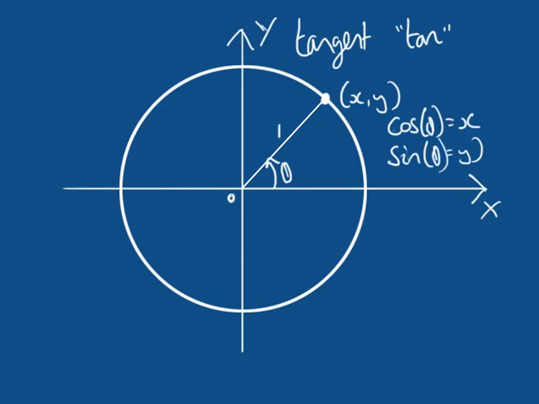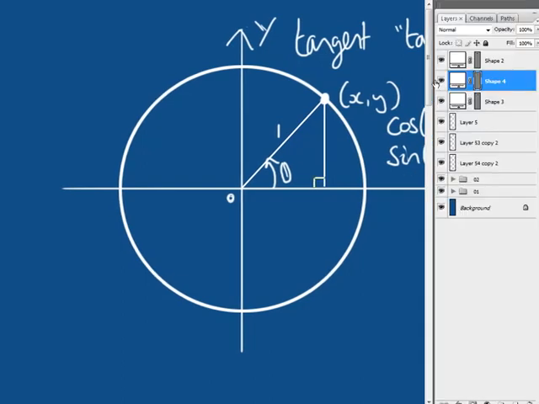Now, interestingly, we can actually relate these values to the lengths of the edges of a right-angled triangle. If I construct a right-angled triangle between our point x, y and the origin of our circle, something that we've done quite a lot in volume 1 when we were dealing with the equation of a circle, we know that travelling from a value of 0 in y up to our y-coordinate, that must be a distance of sine theta.